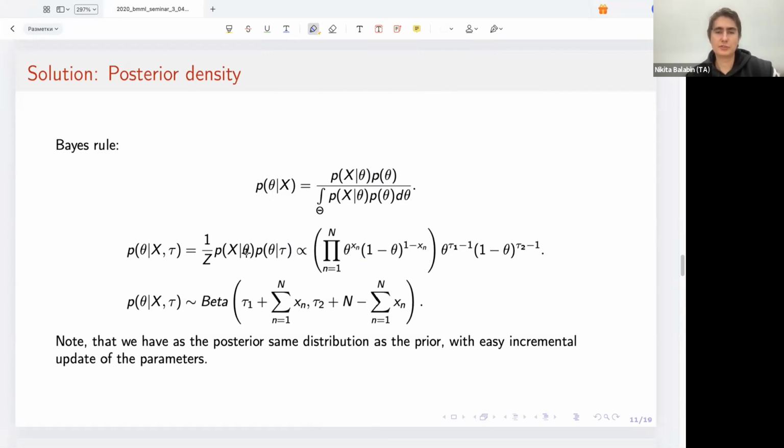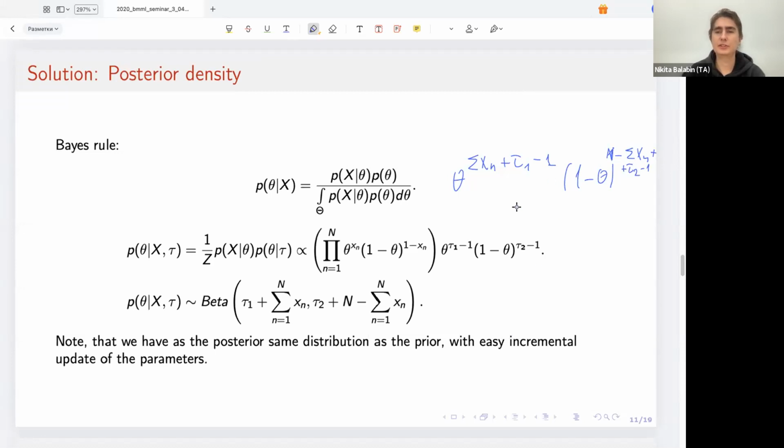So we just substitute these densities, and we can combine the terms and obtain theta to the power of sum of x's plus tau 1 minus 1, and 1 minus theta to the power of n minus sum of x's plus tau 2 minus 1.